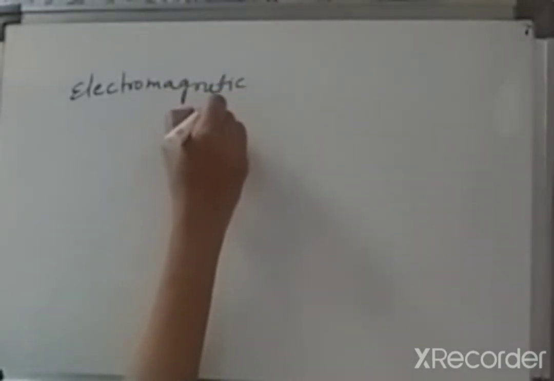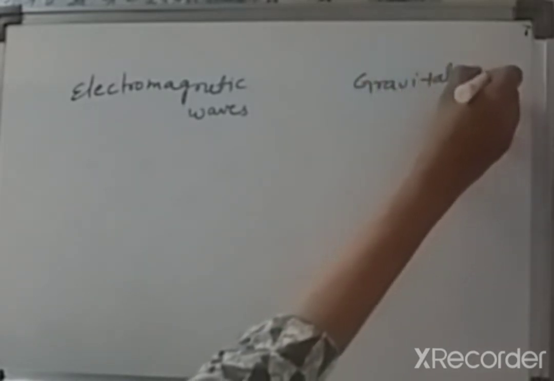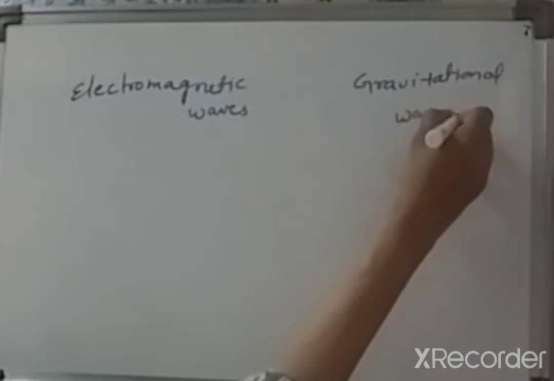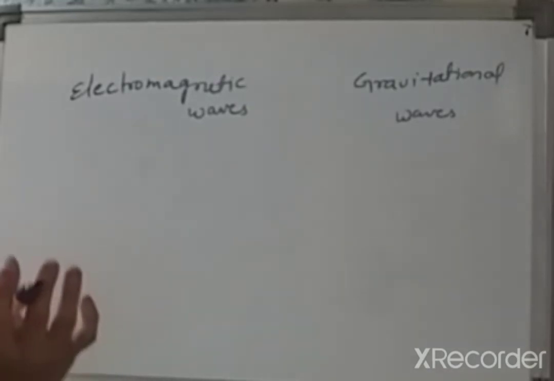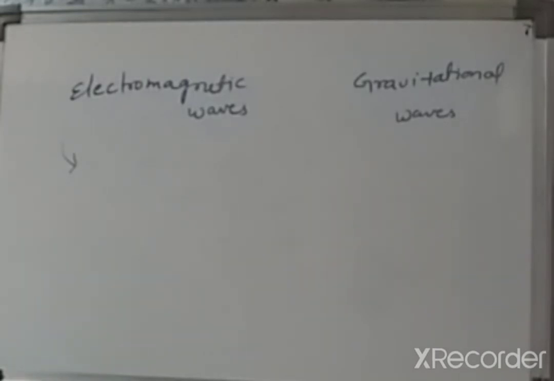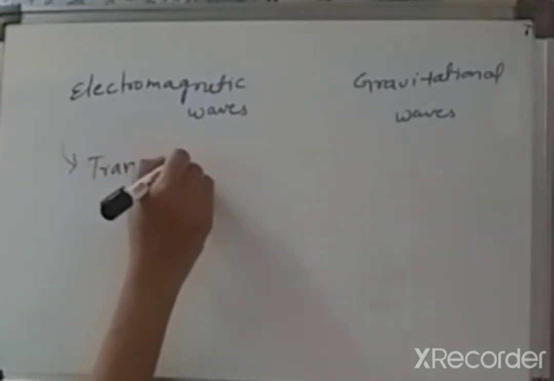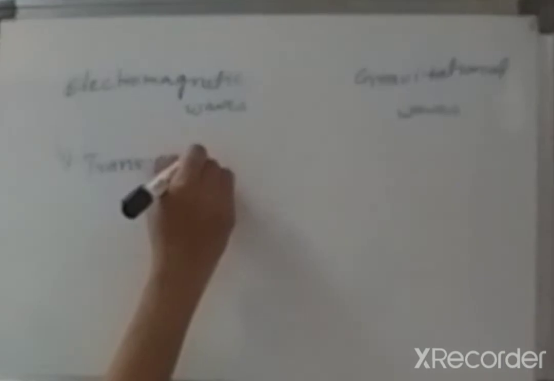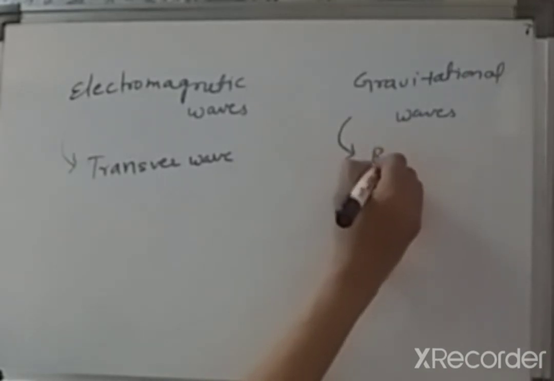The difference between electromagnetic waves and gravitational waves: the main important difference is that electromagnetic waves are in the form of transverse waves, while gravitational waves are in the form of ripples.